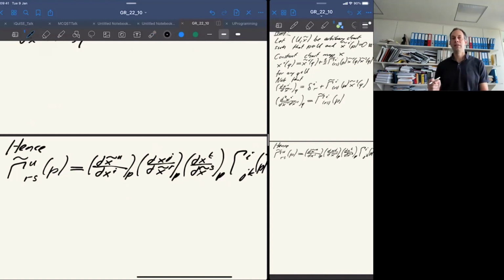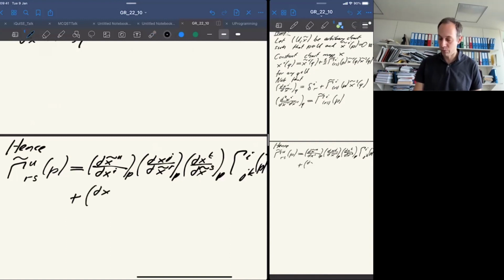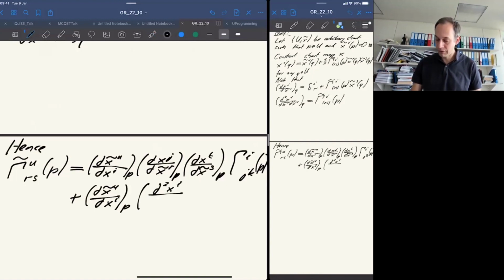That's just a property of the map, the tensor understood as a map. So it's crucial here that the gamma symbols are not tensors, otherwise I couldn't transform them into a coordinate system where they are 0. So this second term that appears in the transformation rule plays the crucial role in this whole proof. And this second term is the one that involves the second derivatives that I just calculated.